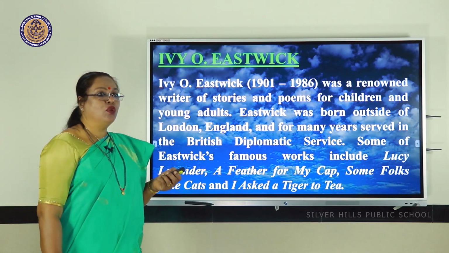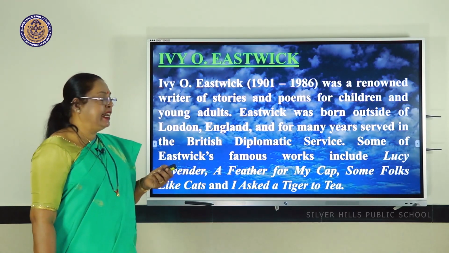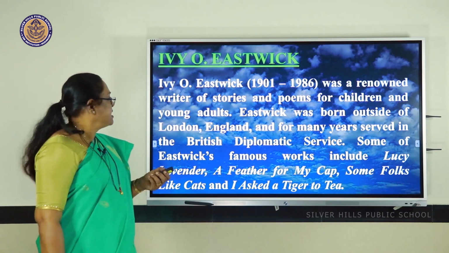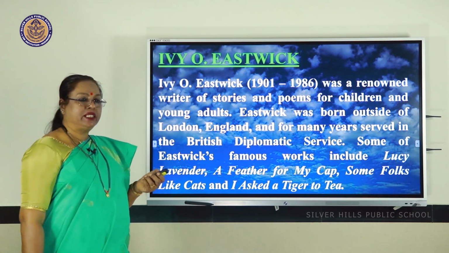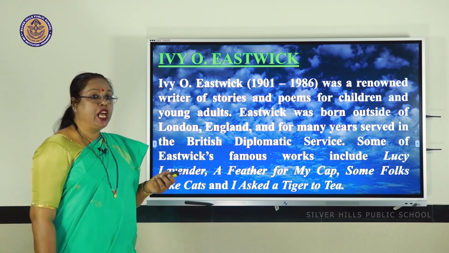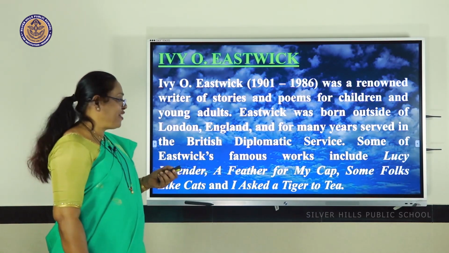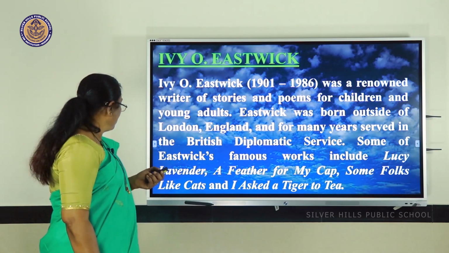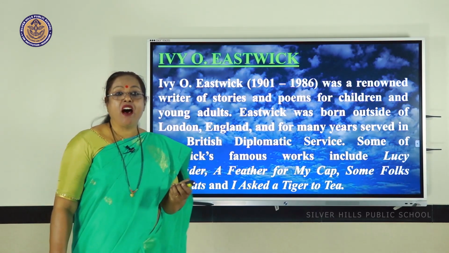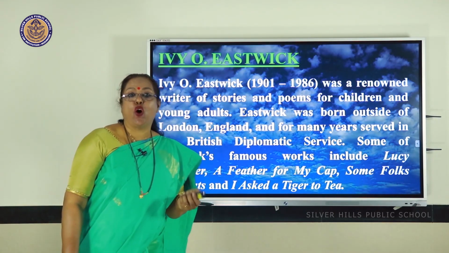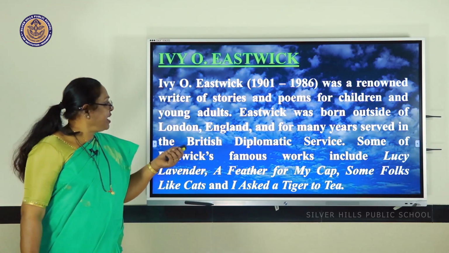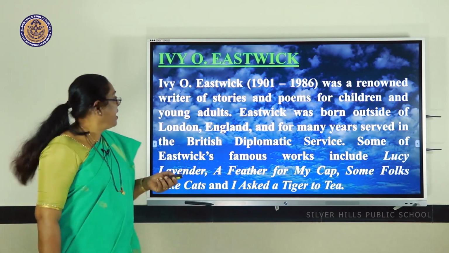Eastwick was born outside of London, England, and for many years served in the British diplomatic service. Some of Eastwick's famous works include Lucy Lavender, A Feather for My Cap, Some Folks Like Cats and I Asked a Tiger for Tea. You can read these books, children. They are very, very interesting.